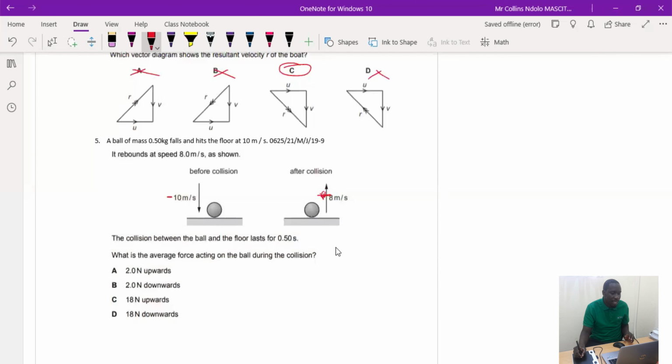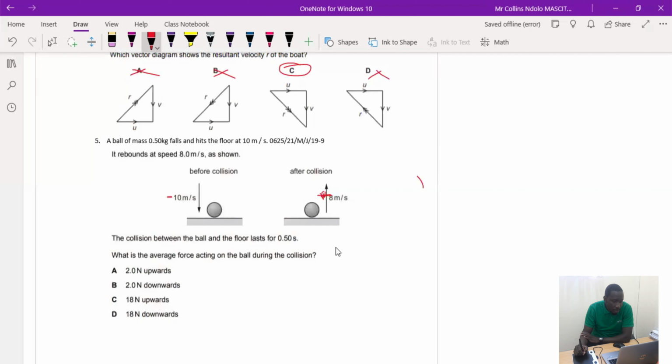In this example, negative means the body is moving downwards, and positive means the body is moving upward. The collision between the ball and the floor lasts for 0.50 seconds. That is the time of contact. What is the impulse? What is the average force acting on the ball during the collision?